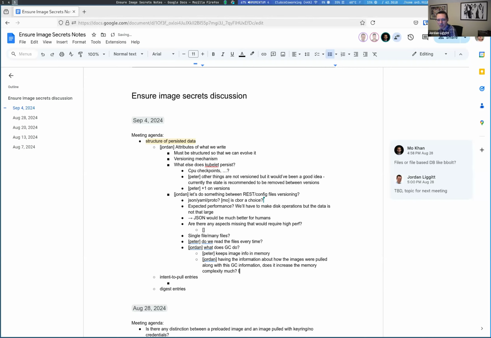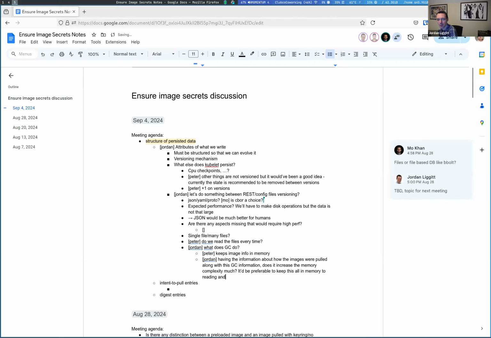If the bookkeeping the kubelet has to have in memory to do that is small-ish, that might be reasonable. I think we had said it would definitely be smaller than the image content, which is why we're okay persisting it to disk. But I could see it being bigger than the image name that the kubelet is currently keeping in memory. So I'm not sure we can keep it all in memory all the time.